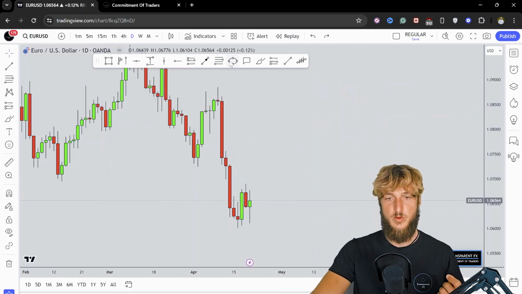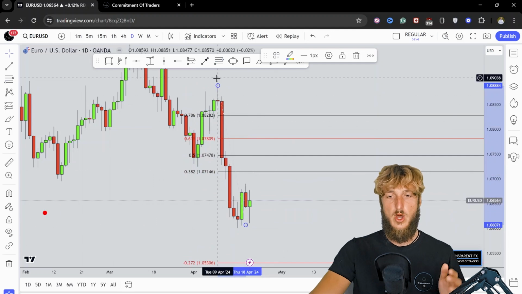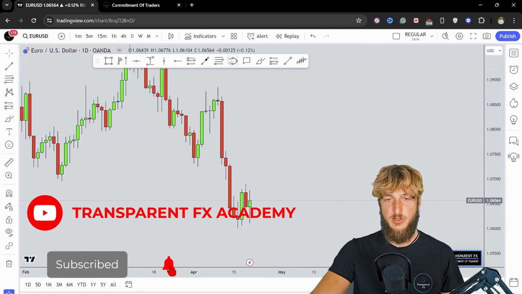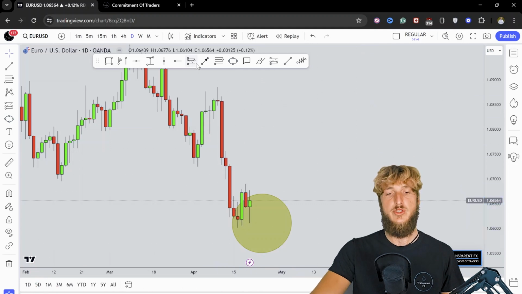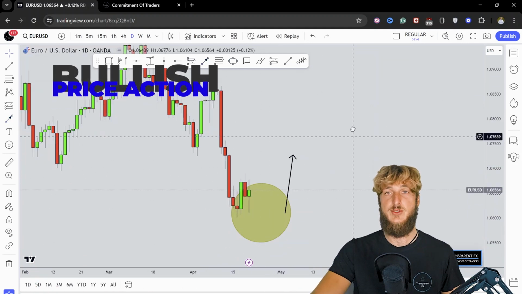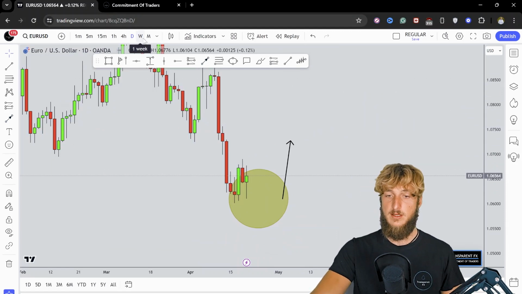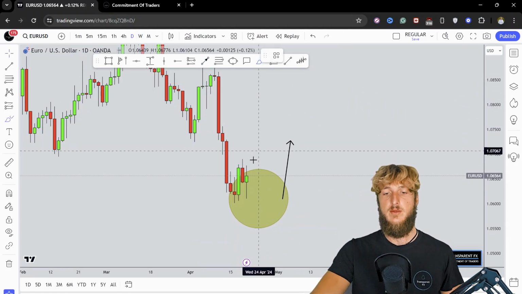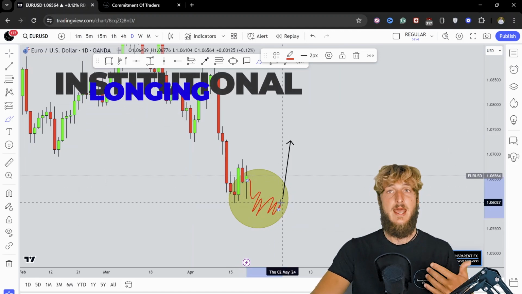So in this case, what we could expect is a correction at least to the 0.32 of the Fibonacci taken on the impulse leg, meaning that also on the daily we have a bullish pattern, which increases the probabilities of the rejection to the upside away from the support that we have just identified on the monthly and weekly timeframes. So there is definitely the possibility to see some more institutional longing inside of this zone and institutions to start closing their shorts.